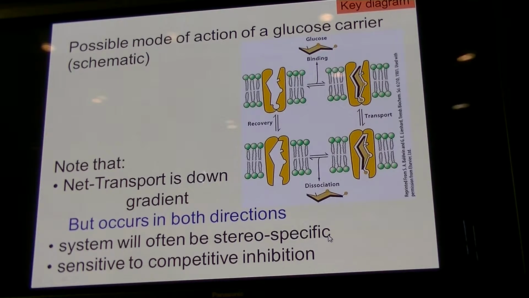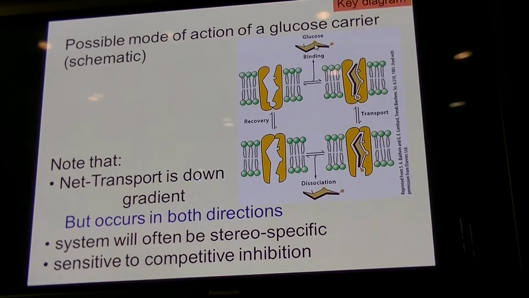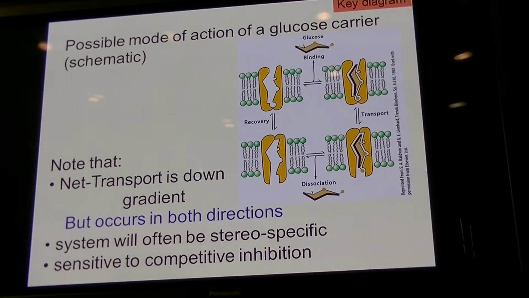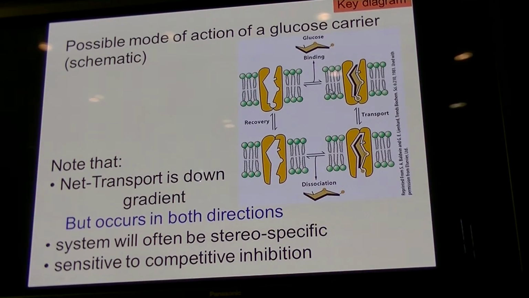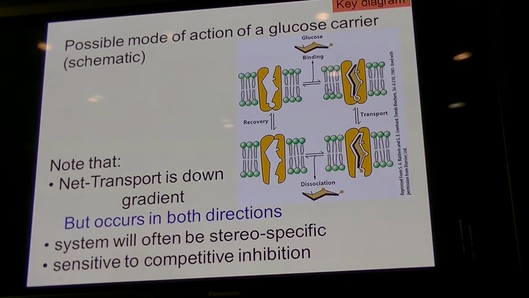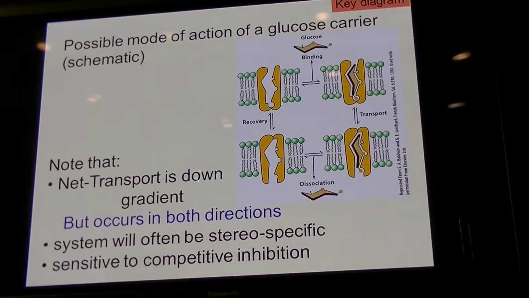The system is typically very specific to the substrate, showing stereospecificity. So if we have D-glucose normally in living organisms, then the L form would not be transported by this transporter. And because there's a binding pocket, we might have inhibitors, competitive inhibitors.